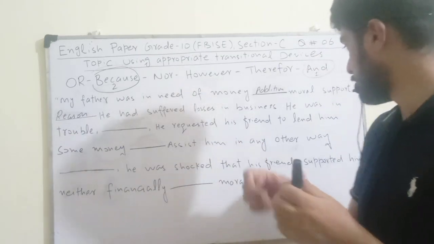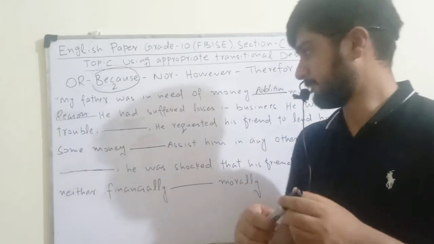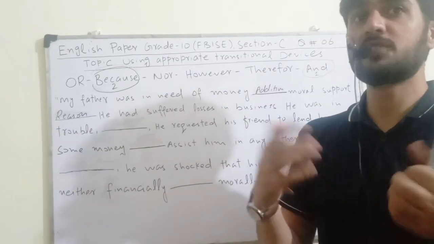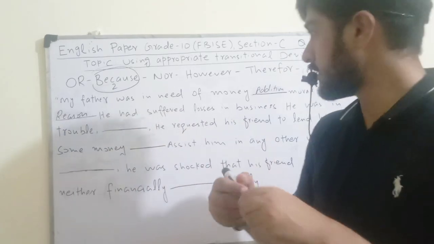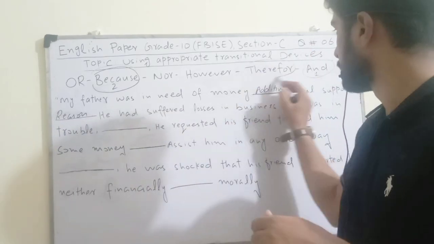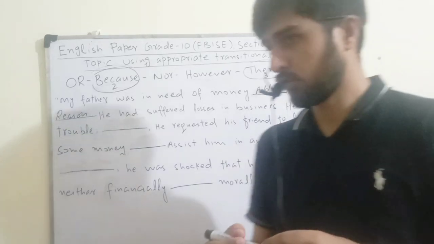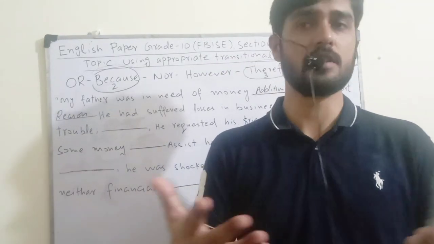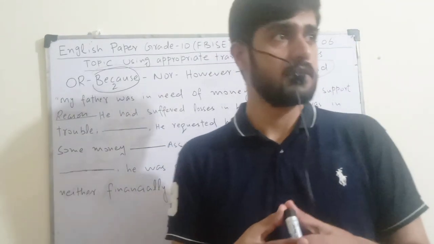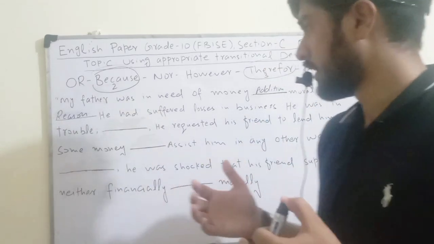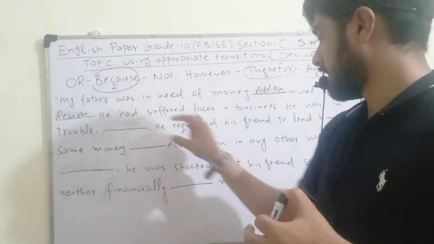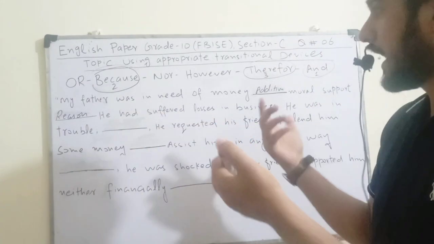Third transitional device we will use here: he was in trouble. So the third transitional device will be "therefore." What is the use of "therefore" as a transitional device? We will use "therefore" as a result.